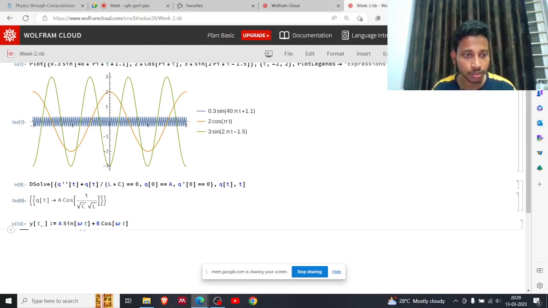This is the way you write a function in Mathematica, y, then in brackets t underscore, colon equal to a sine omega t plus b cos omega t. So this is a function of t I have written.